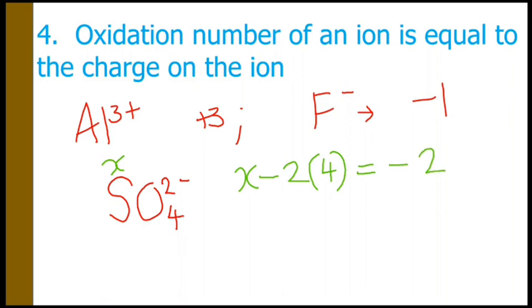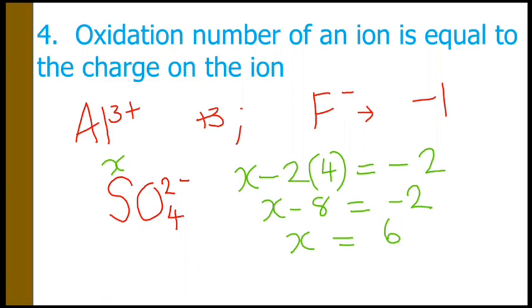So in other words, when we add all the oxidation numbers on this ion, they should be equal to the charge. So this gives me X minus 8 is equal to -2. Take the -8 across, you get -2 plus 8 gives you 6. So the oxidation number of sulfur is actually +6.